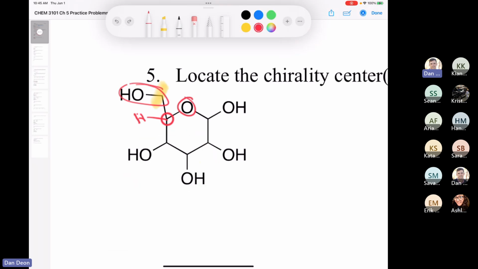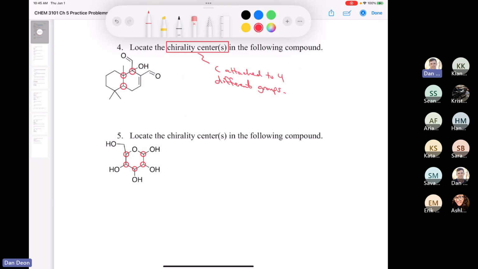So it's definitely got 4 different groups attached to it. And you can use that same rationale to determine that you have chirality centers not only at that carbon, but you also have one here, here, here, and here. And so we have 4 chiral centers in this molecule. All right, sorry, 5 chiral centers, my mistake. 5 chiral centers in number 5.